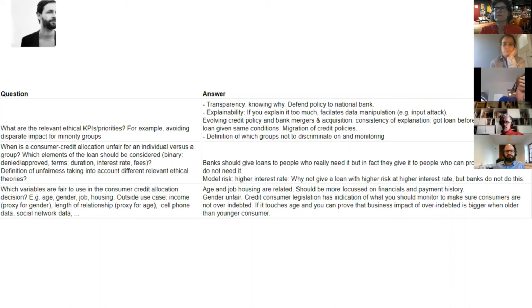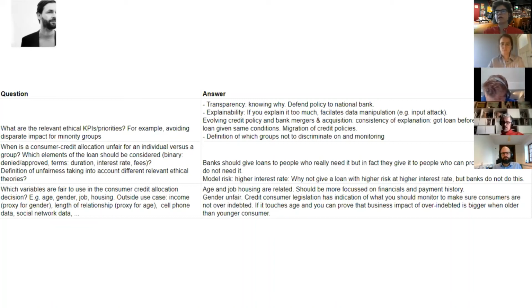The second thing that was brought up is that there's the whole issue that there should be some consistency in the explanation. And that consistency of explanation might be at risk when, for example, banks are merging together. That might result in a situation where the customer gets a loan at a certain moment in time. They apply later after the merger of the banks again for a similar loan.